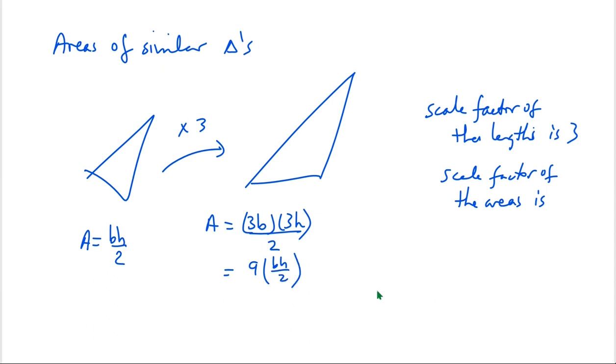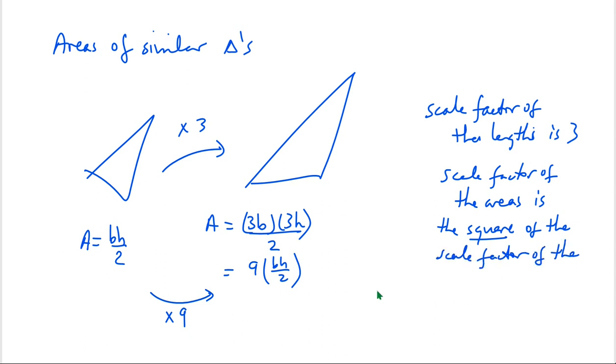So what happened was the areas are scaled by 9. The reason this is happening is each of the dimensions is multiplied by 3. And since there are 2 dimensions, base and height, we're multiplying by 3 twice, which means the scale factor of the areas is the square of the scale factor of the lengths.